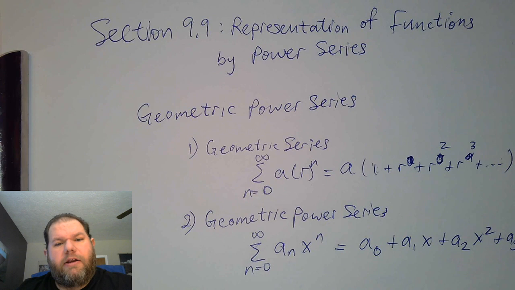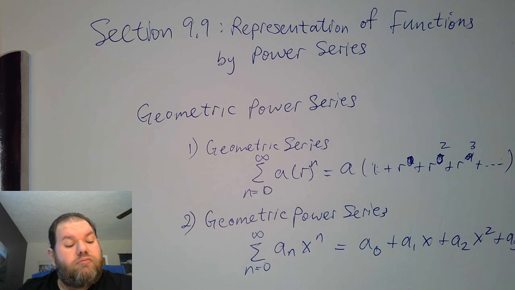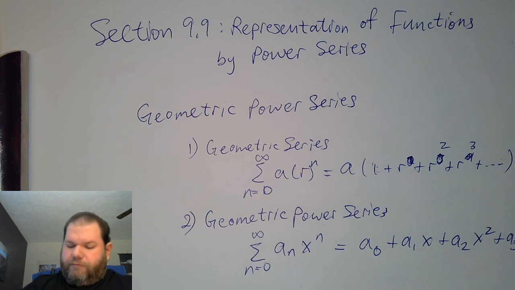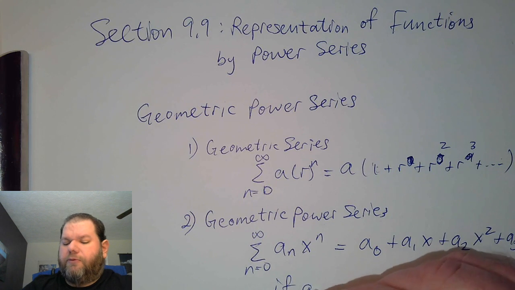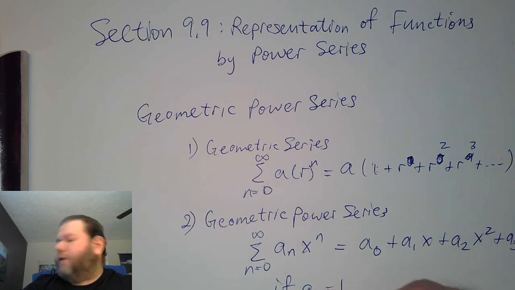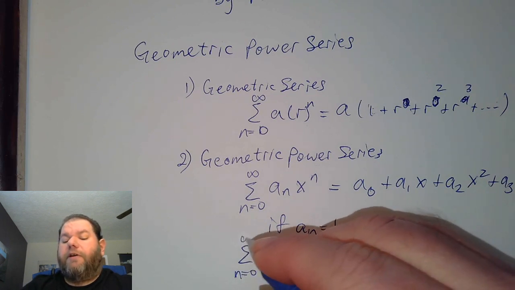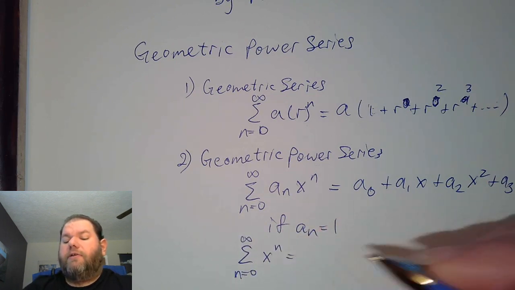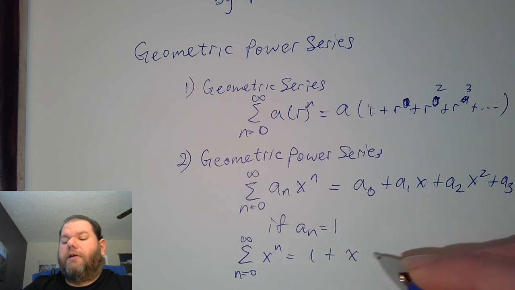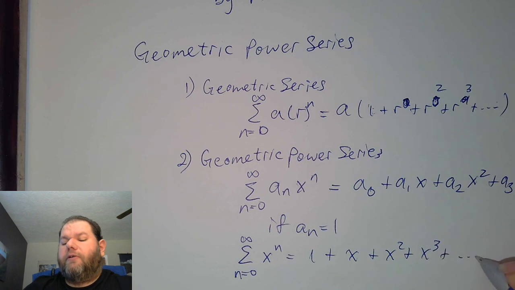In fact, we may not even need the a sub n. If a sub n equals 1, the sum from n equals 0 to infinity of x to the n is 1 plus x plus x squared plus x cubed, and so on.